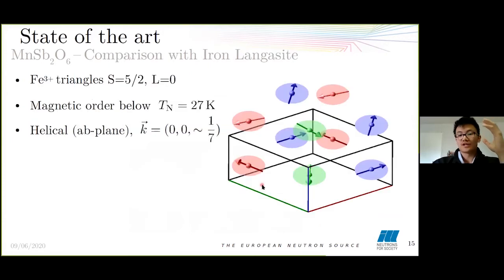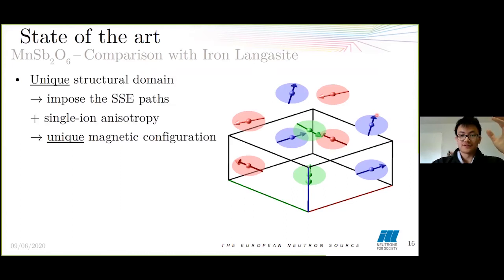Now we can compare this compound with iron langasite, which is a compound that has been very studied in the last years. This compound is very similar because here you have iron atoms which also form triangles, but the magnetic ordering is a helix along the AB plane, and the propagation vector is still along the C axis.